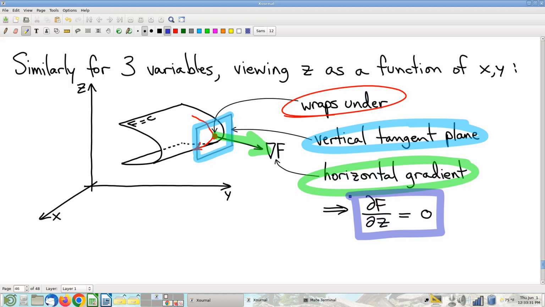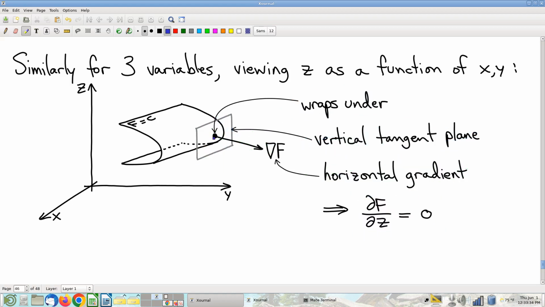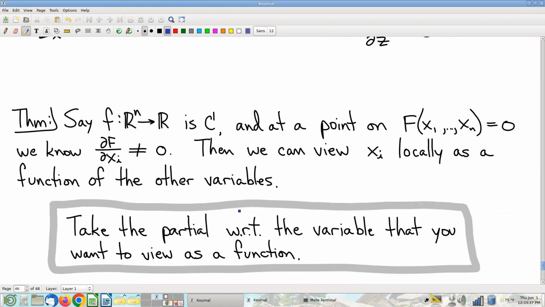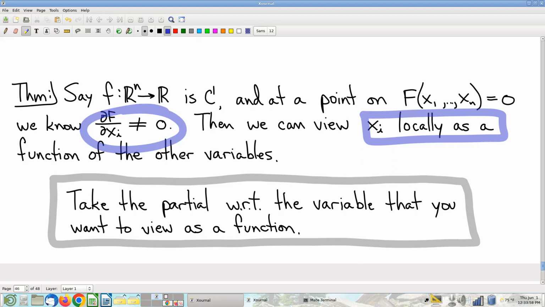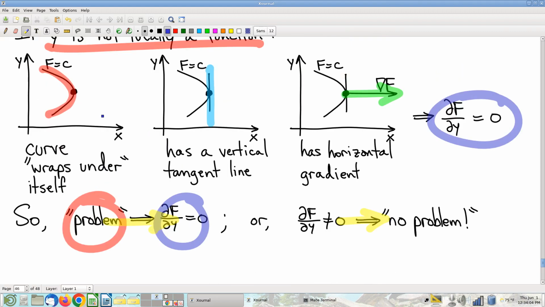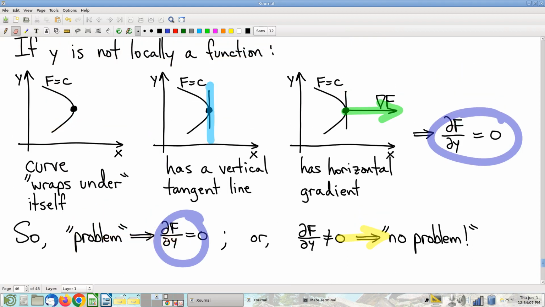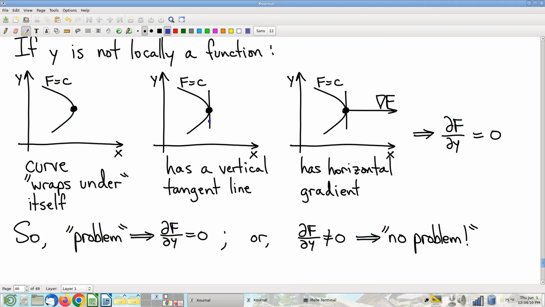So, very, very similar argument, and now I'm going to point out that this generalizes even more. And here's the statement of the theorem. Basically, if you're looking at a level set of a function, and if you're interested in whether you can locally view one of the variables as a function of the others, then the test is that partial is not 0. And notice the pattern we already kind of saw happening here. You want to know whether y is locally a function.